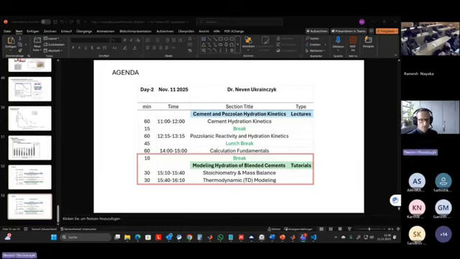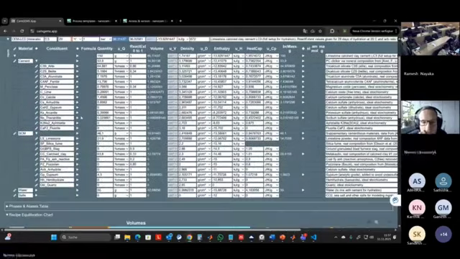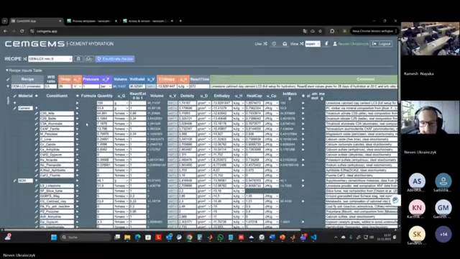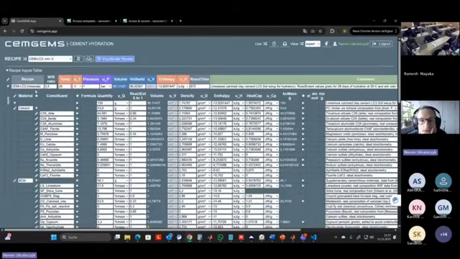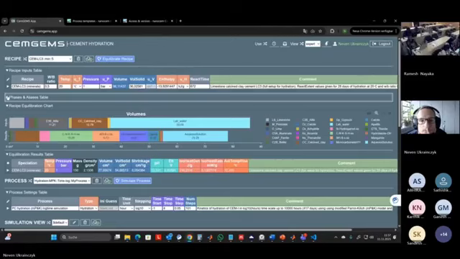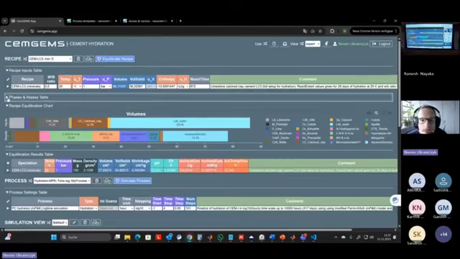For steel slag, which cement type do we have to choose? Excellent question. There is no steel slag, I think, inside, but I would choose... The composition of the steel slag is you have C2S basically.